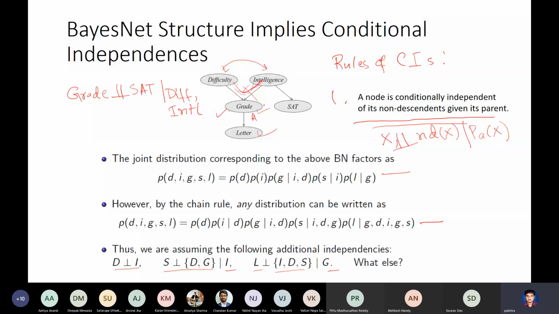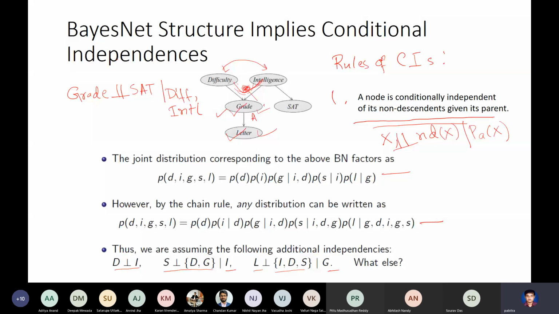The block is removed. So there are two different cases. If there is a V structure, then as long as the node in the V or its descendants are not observed, the path is blocked. Once you observe them, it opens.